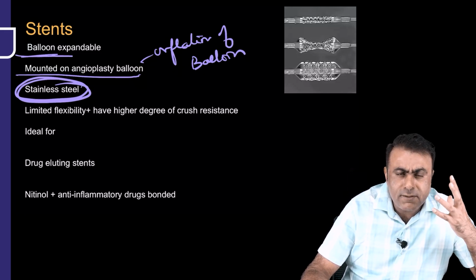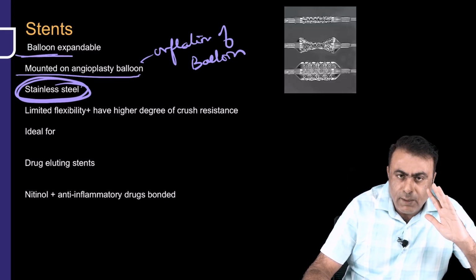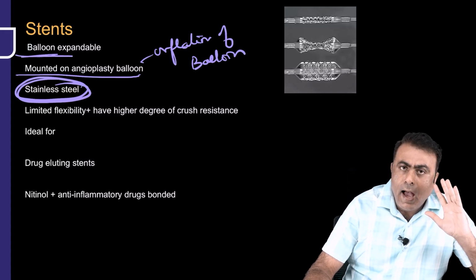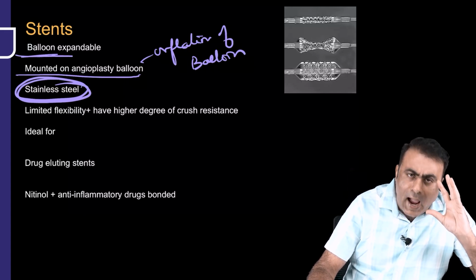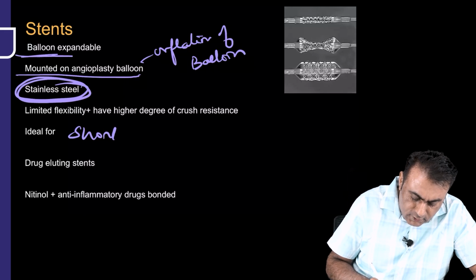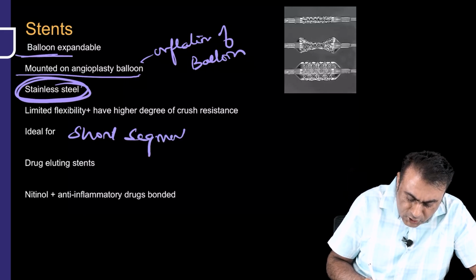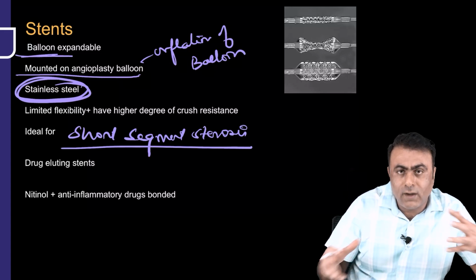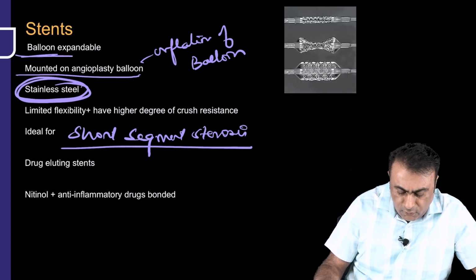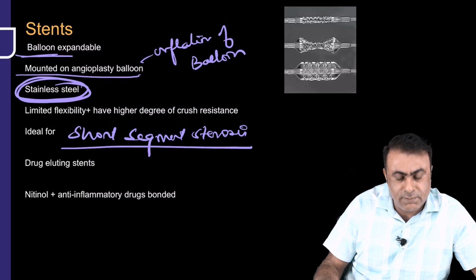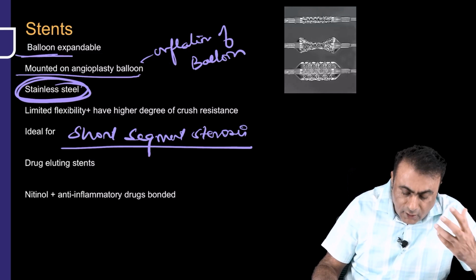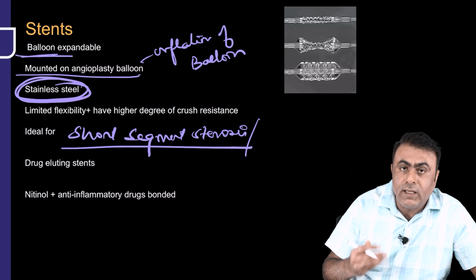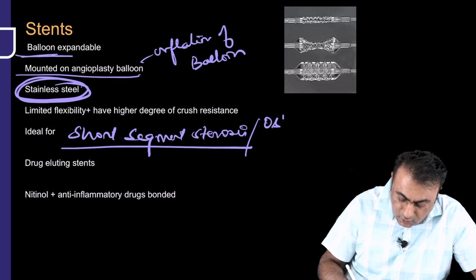Now, balloon expandable stents are usually more rigid. They have limited flexibility, and that's why they are more ideal for short segment stenosis, while the self-expanding ones are more ideal for long segment occlusions. Balloon expandable stents are also ideal for lesions involving the ostia or orifice.